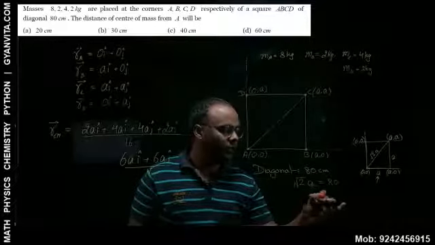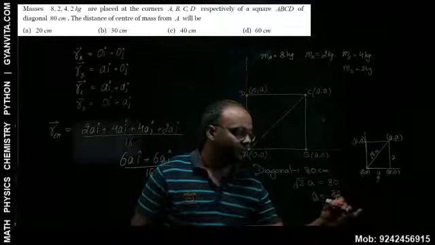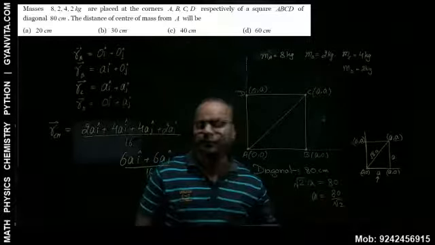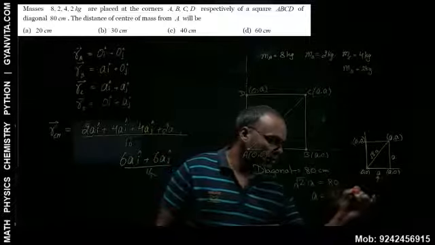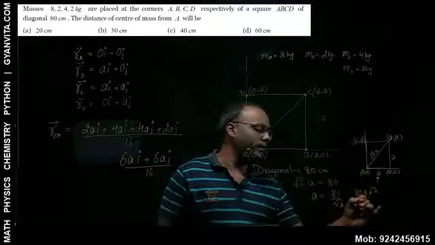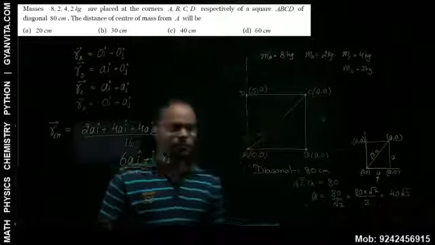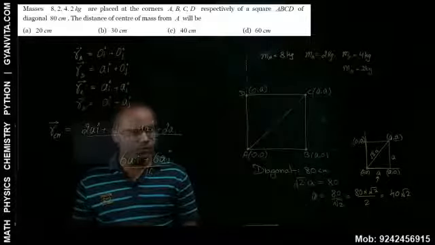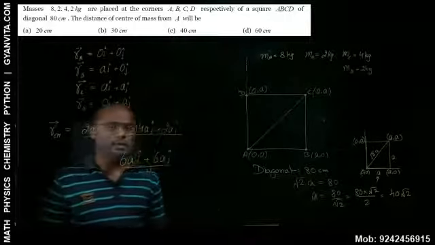So A is equal to 80 divided by root 2. Right? So this A is 80 divided by root 2, or this is 80 into root 2 divided by 2, which is equal to 40 root 2. Just 40 root 2, we'll leave it like that.